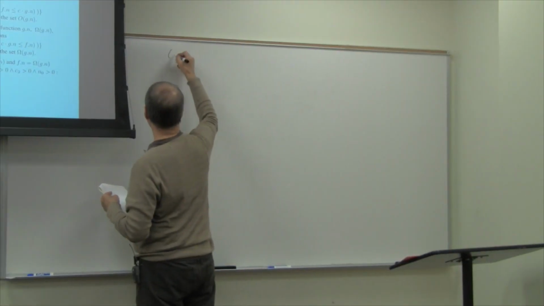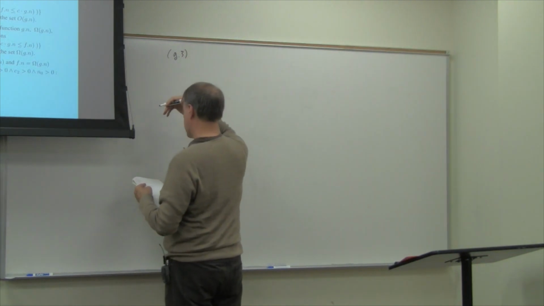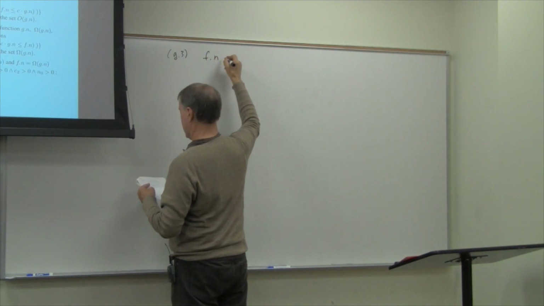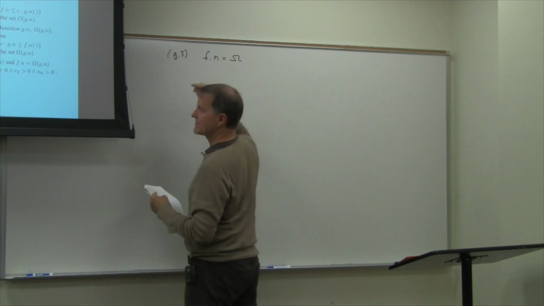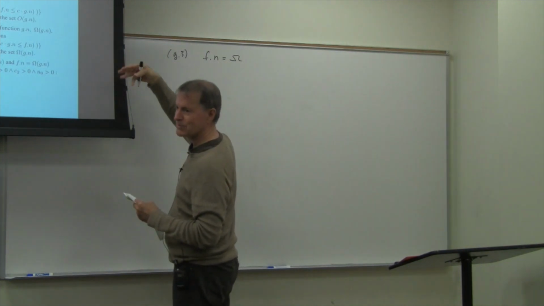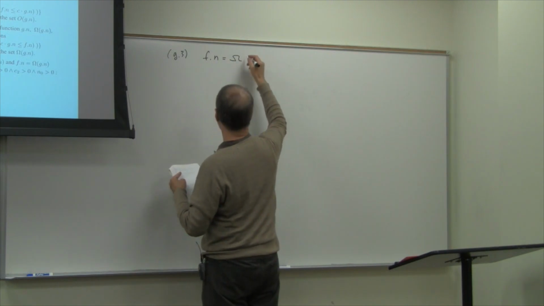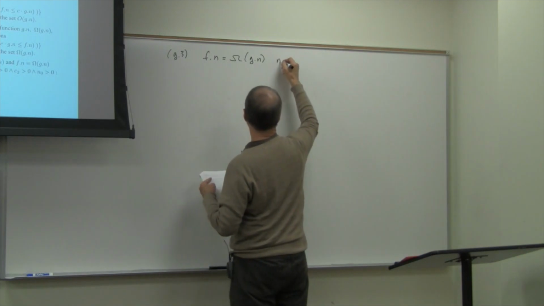So G point 3, what this says is that f of n equals big omega of g of n. Oh, and the same thing with the notation. It's a set of functions, but you know, okay. So f of n equals big omega of g of n means roughly what?